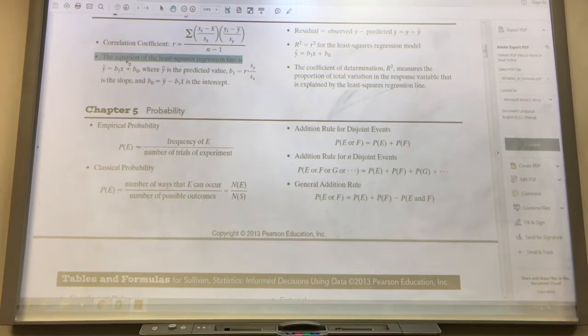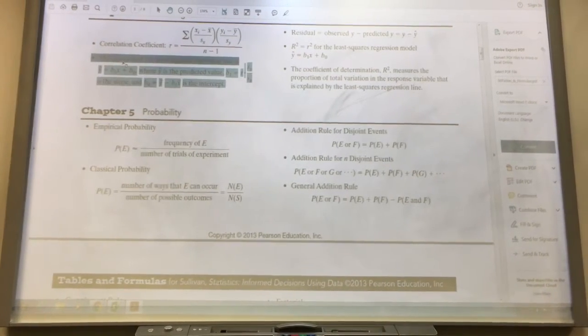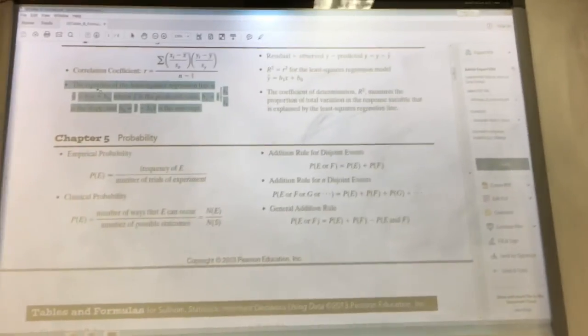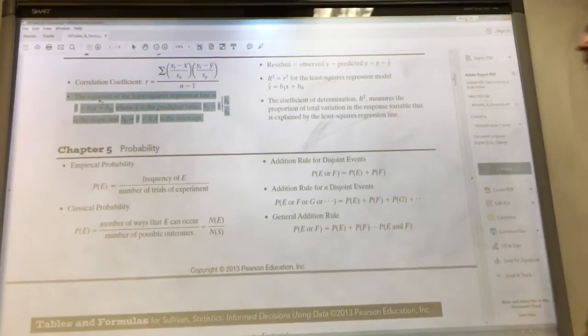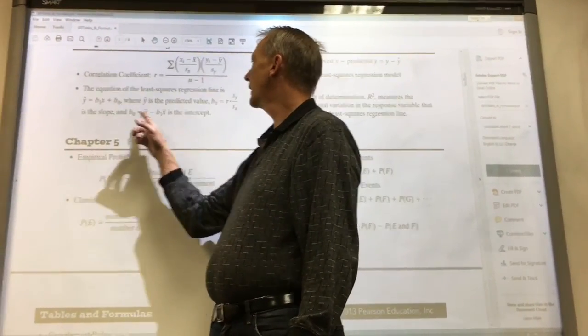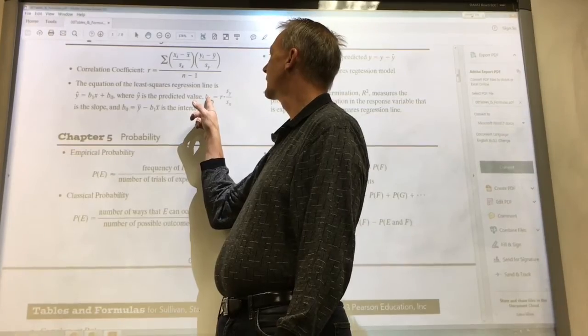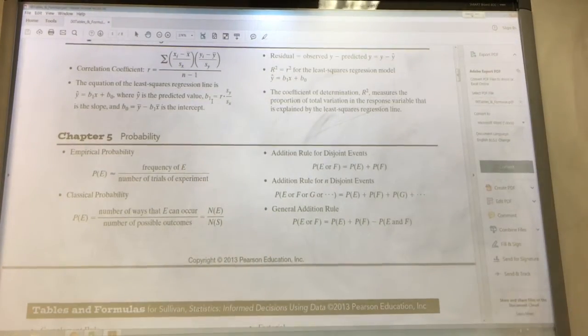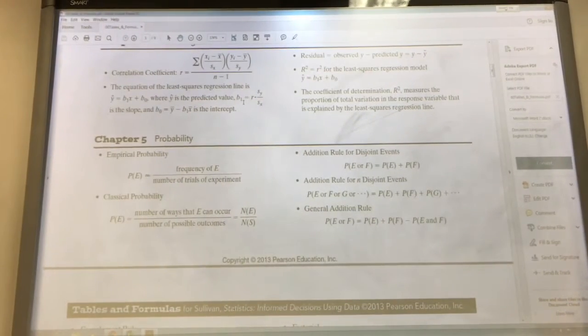So b sub 1 is your slope. This is what I'm calling m, which is b1. So what should your equation be, Ryan?